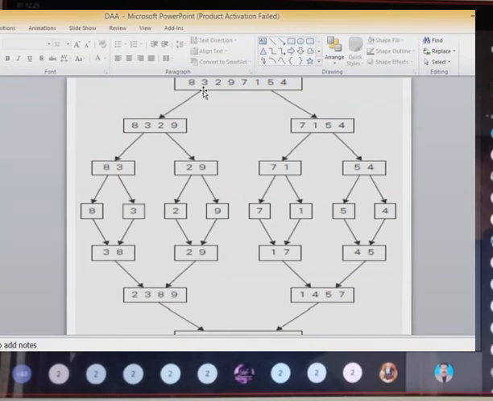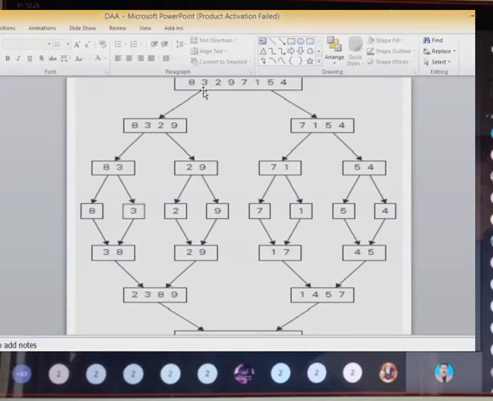Now again divide 8329 into 83 and 29, and 7154 into 71 and 54. Again divide 83 into 8 and 3, 29 into 2 and 9, 71 into 7 and 1, 54 into 5 and 4. So up to this are the divide steps.